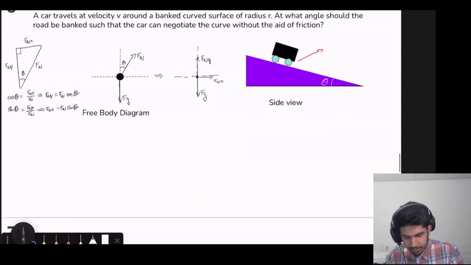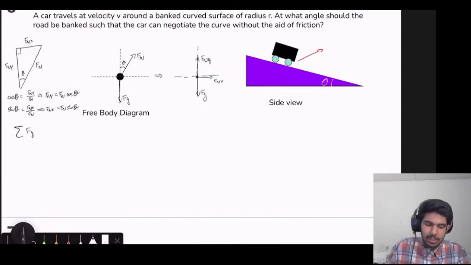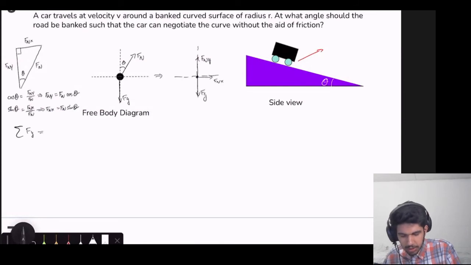So let's do that. Let's take a look at the y direction first, because the car isn't accelerating in the y direction. It's staying at the same height, same position in the y direction. So the acceleration in the y direction is 0. Well, what are the forces pointing in the y direction?